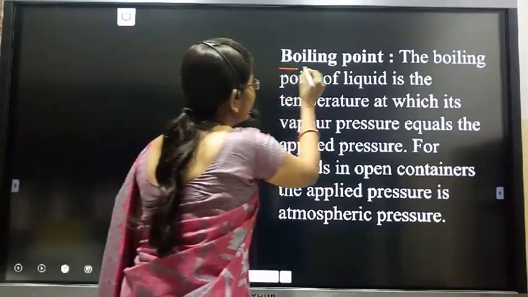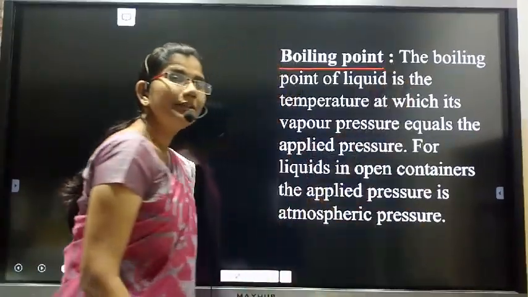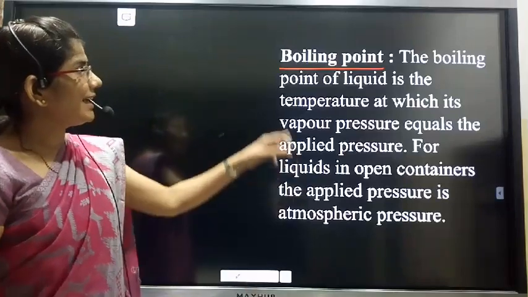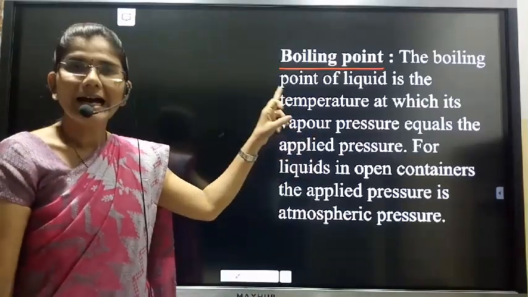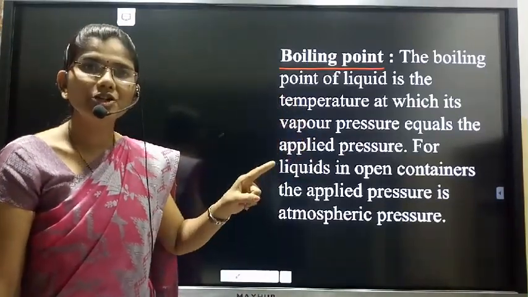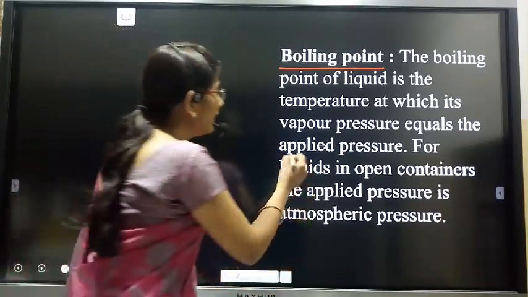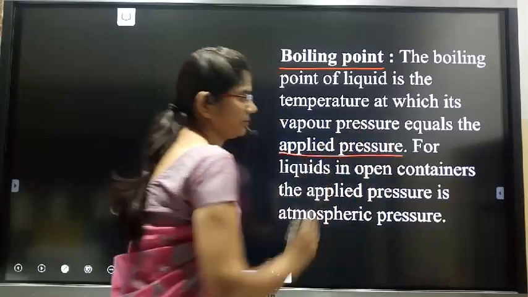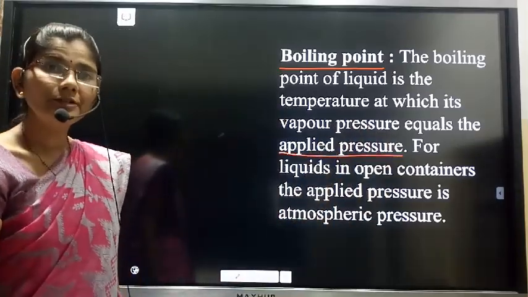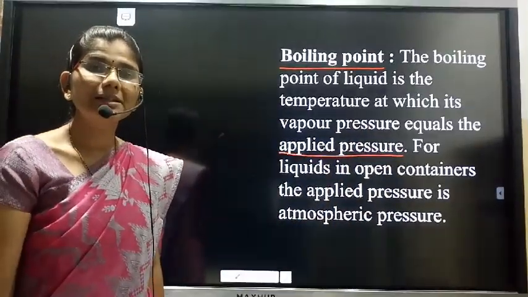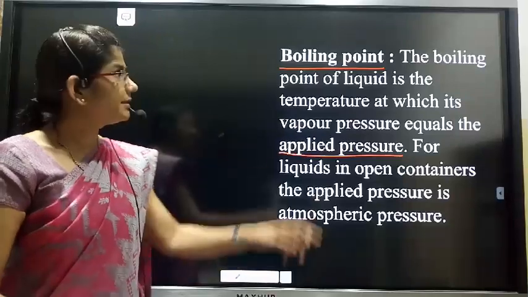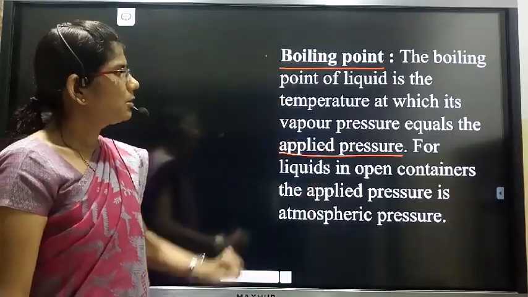The boiling point of a liquid is defined as the temperature at which the vapor pressure of a liquid becomes equal to an applied pressure. This is the definition of a boiling point.